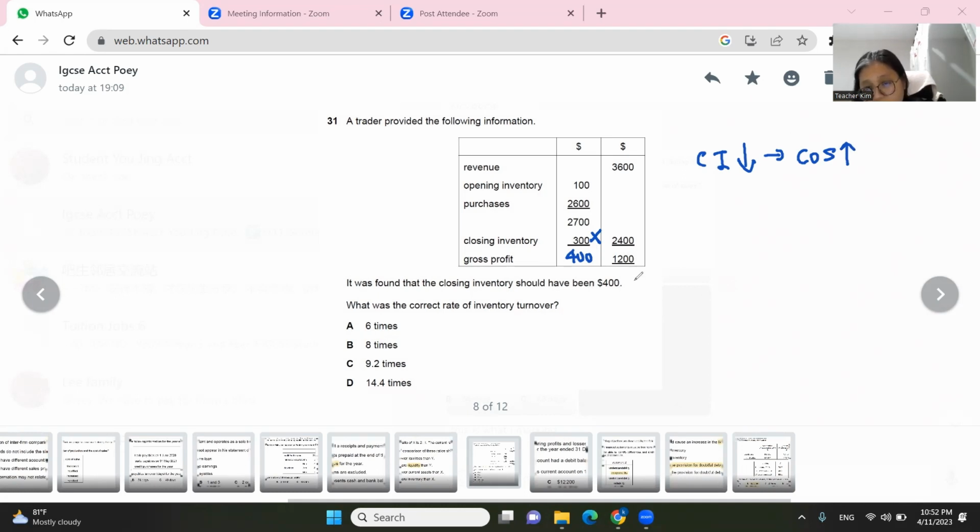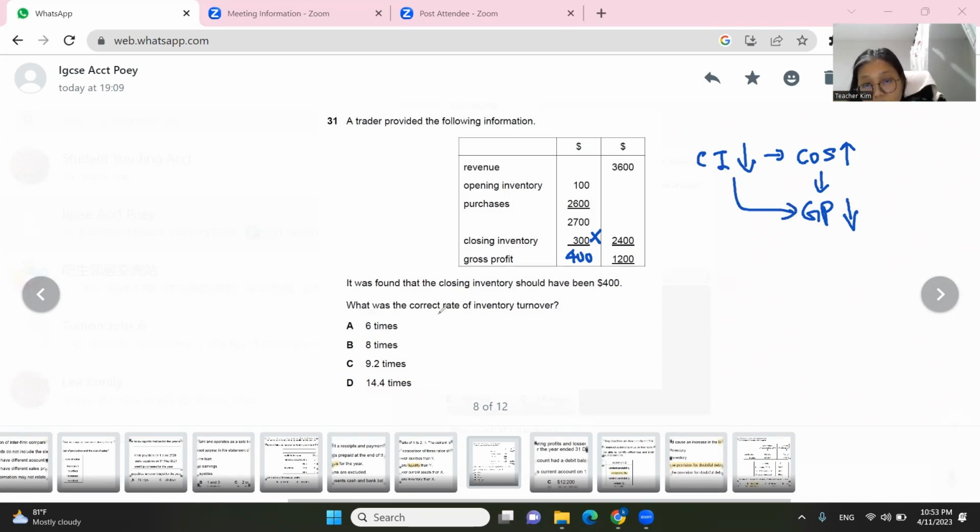Okay, next, when cost of sales reduces, gross profit increases. Closing inventory understated, cost of sales overstated, gross profit understated. So these have the same direction.